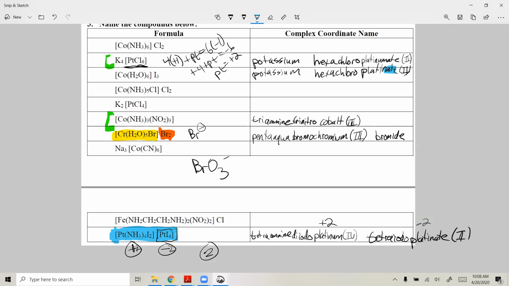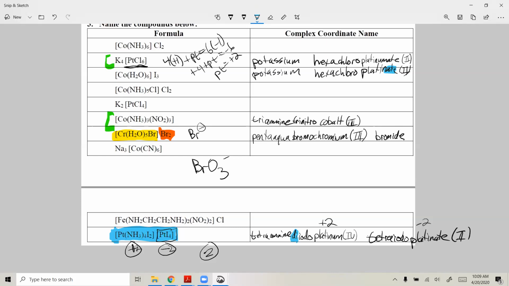We should be using the tetra and not the tetrakis, or we should be using the di instead of the bis, because these don't have any prefixes with them, right? Just because the di and the iodo are similar to each other, we only use the bis if there's already a diamine inside that compound. So when we used it with our ethylenediamine, inside the name of that ligand, there's the di, right?